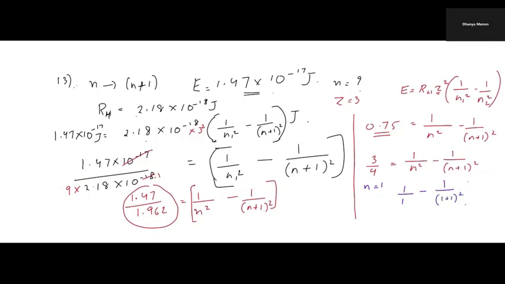This comes to 1 minus 1 by 2 square, that is 1 by 4. So what do we get? 3 by 4. So our n value is 1. Okay, so students, by the trial and error method, we found the value of n to be 1.